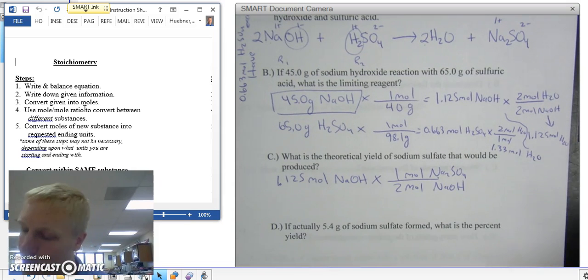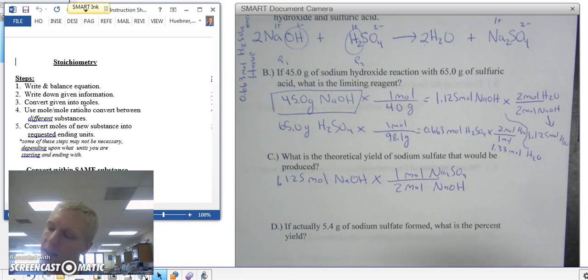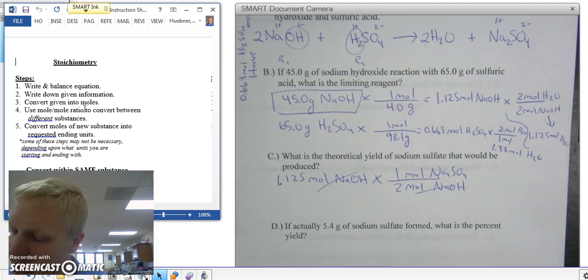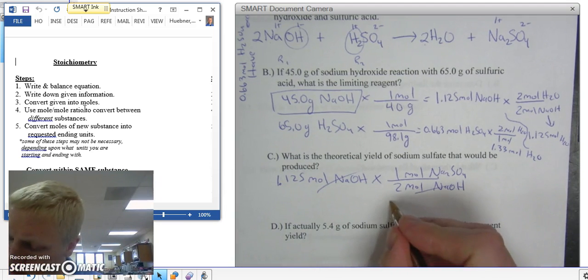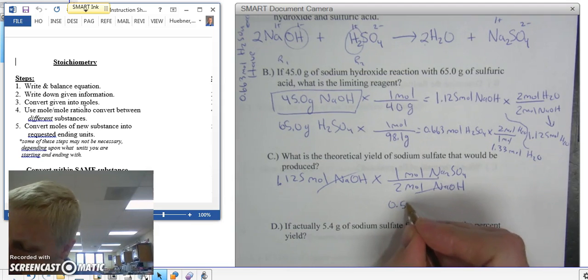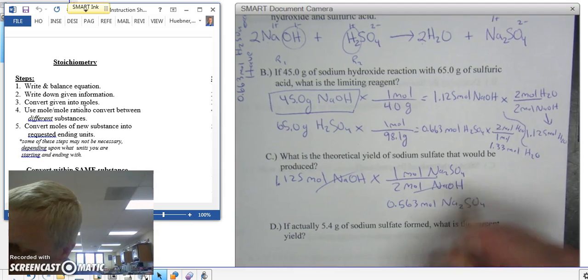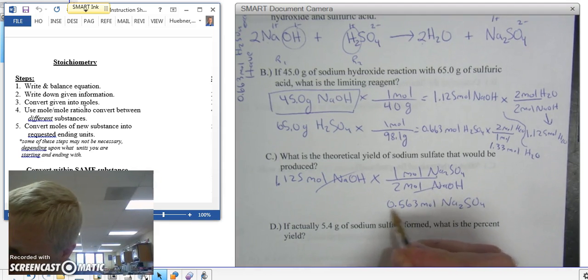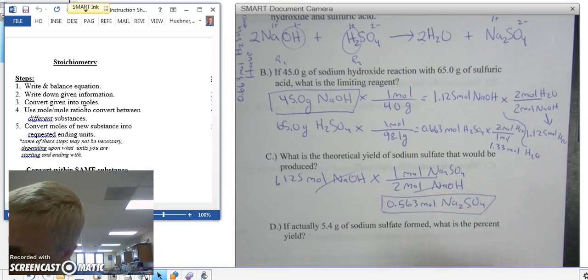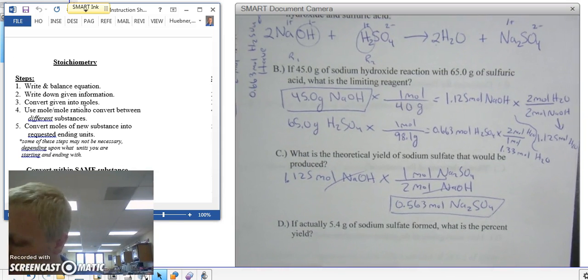Alright, 1.125 times 1 divided by 2 moles of NaOH cancels out. And it looks like it's going to be 0.563 moles of Na2SO4 is produced. Alright, that wasn't too bad.